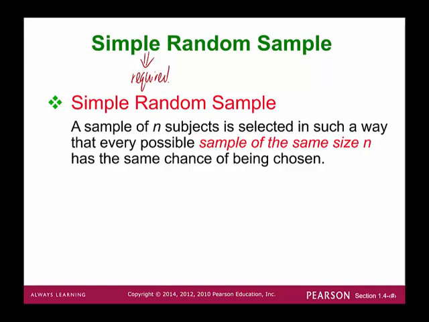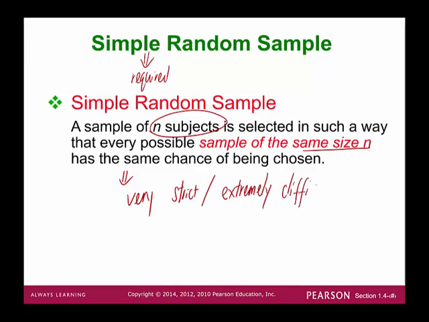The definition: a sample of n subjects is selected in such a way that every possible sample of the same sample size has the same chance of being chosen. This is very rigorous, very strict, and also extremely difficult to guarantee. That will make sure you have a really good sample, and then the result will be random in a very real sense.